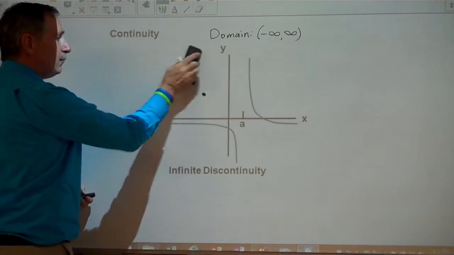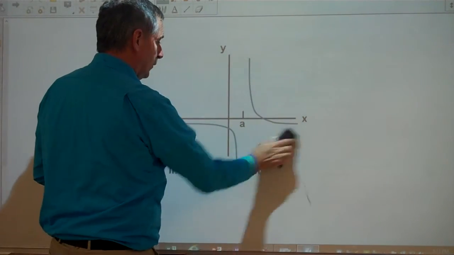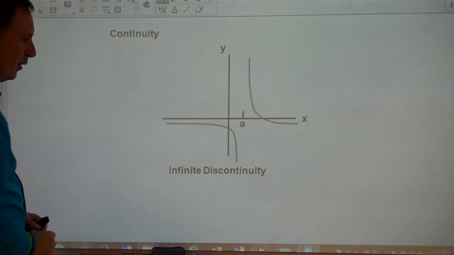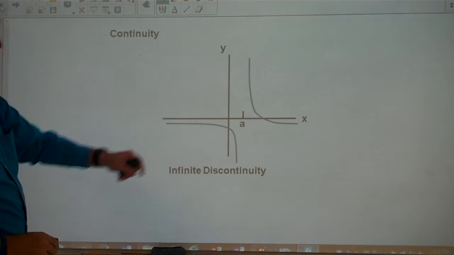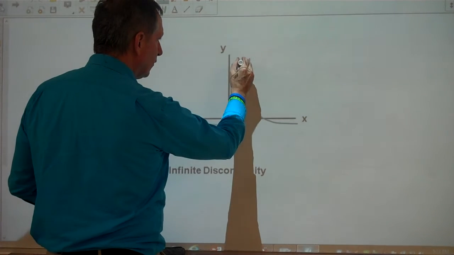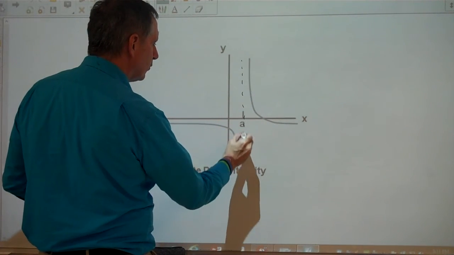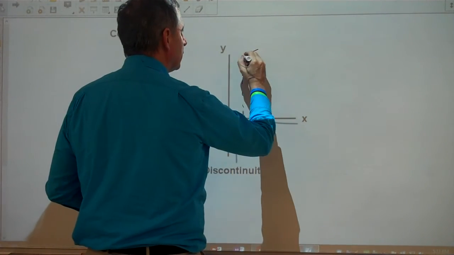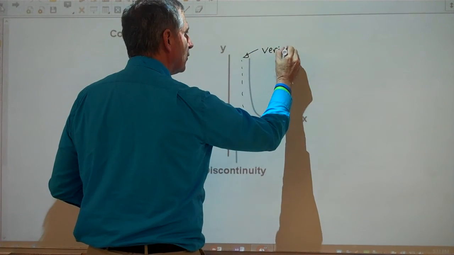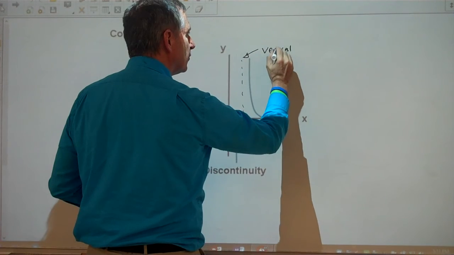Next, we have an infinite discontinuity, and an infinite discontinuity is represented by what we call a vertical asymptote.